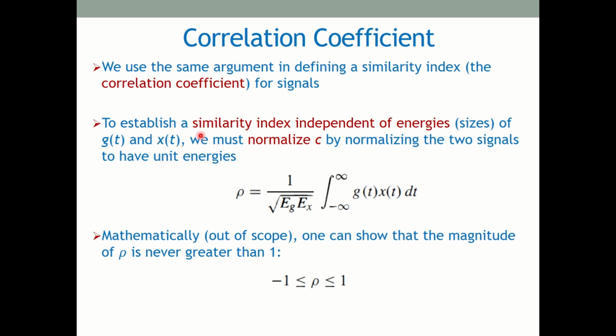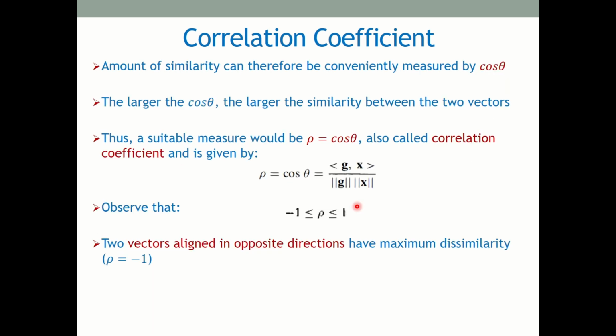So we use the same argument in defining a similarity index, which we call the correlation coefficient, for signals as well. To establish a similarity index independent of energies, sizes of the signals x(t) and g(t), we must normalize C by normalizing the two signals to have unit energies. So we do the same thing because we have proved that vectors and signals behave similarly.